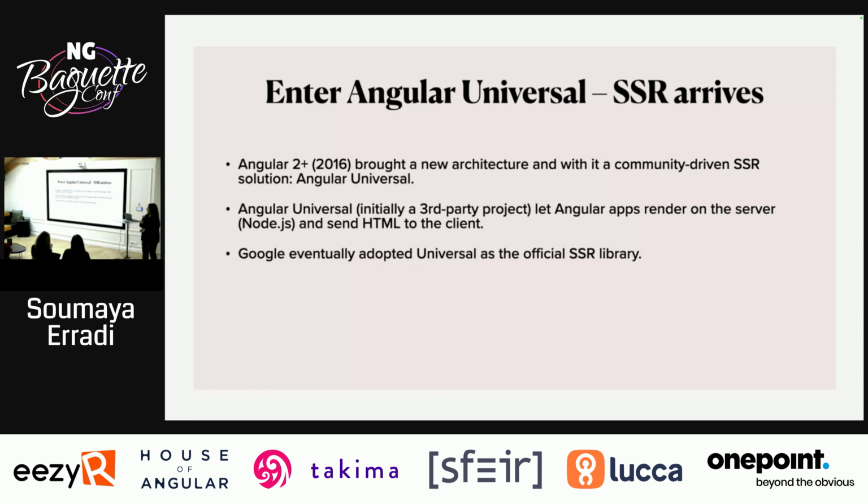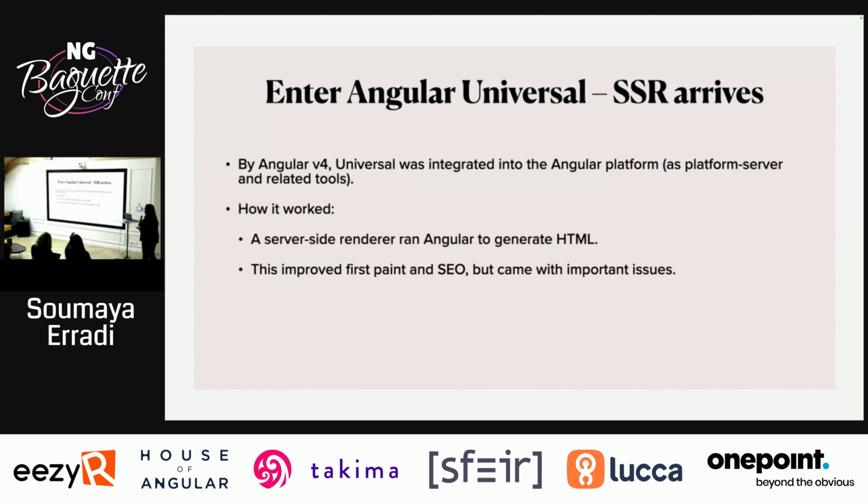And Google adopted Angular Universal as the official server-side rendering library. So if you were using Angular and you wanted server-side rendering, Angular Universal was the official package to use.